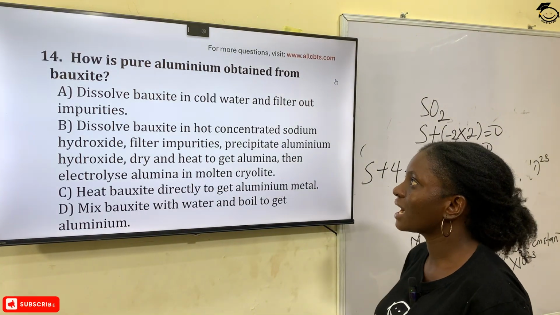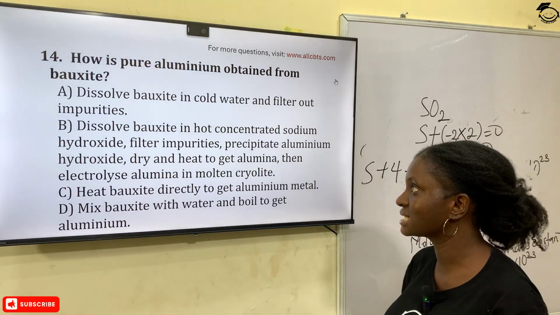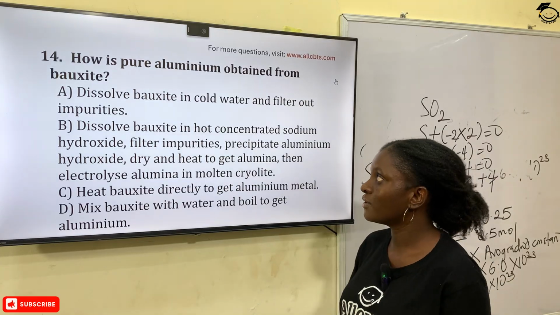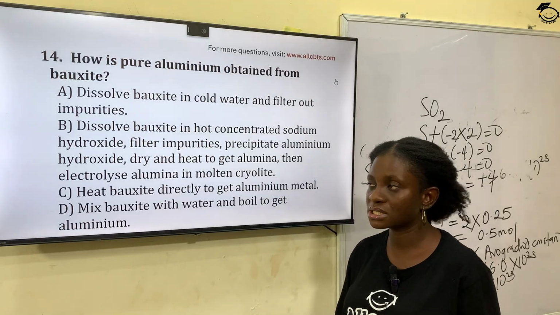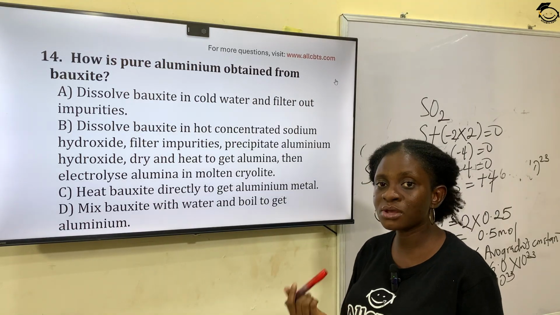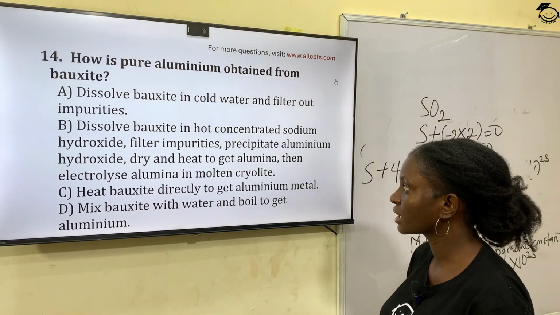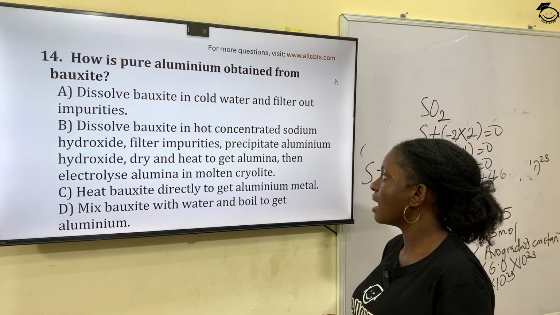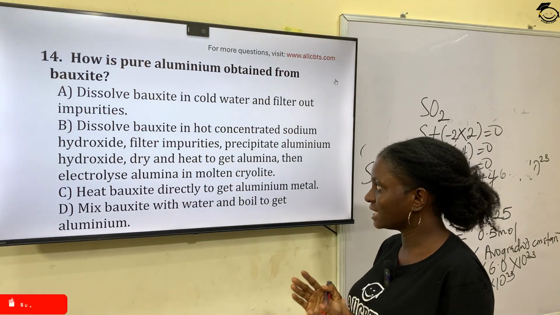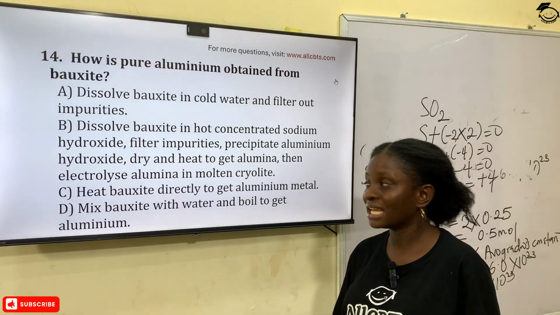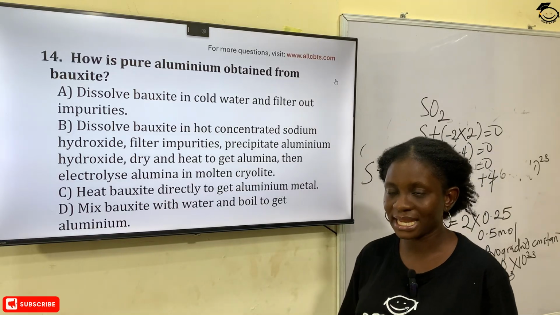Question 14. How is pure aluminium obtained from bauxite? A. Dissolve bauxite in cold water and filter out impurities. B. Dissolve bauxite in hot concentrated sodium hydroxide, filter impurities, precipitate aluminium hydroxide, dry and heat to get alumina, then electrolyze alumina in molten cryolite.